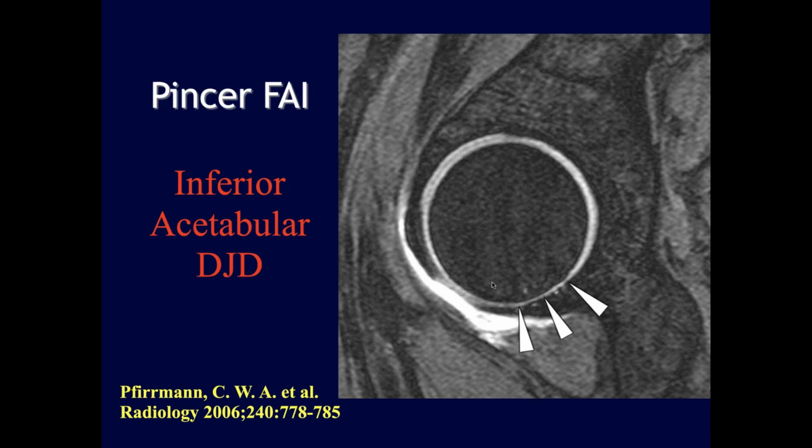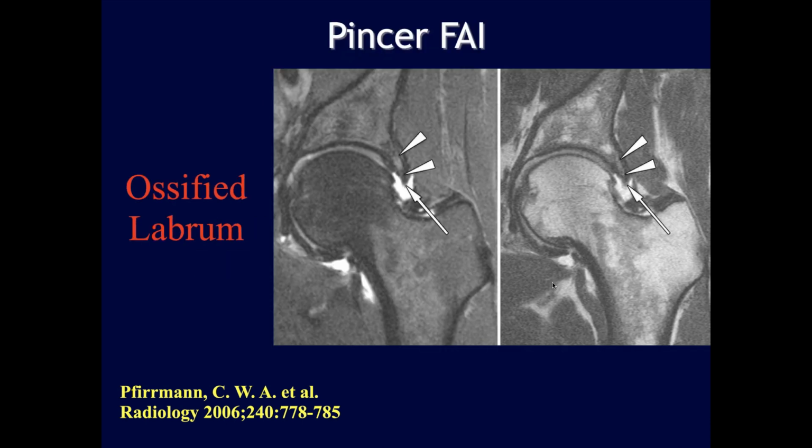A more common sign that I find more helpful is degenerative disease of the posterior inferior acetabulum down here. Almost all other degenerative disease is primarily going to involve the superior weight-bearing portion. And obviously, cam type impingement is going to be more anterior superior. So this posterior inferior degenerative disease is highly suspicious for pincer type abnormality.